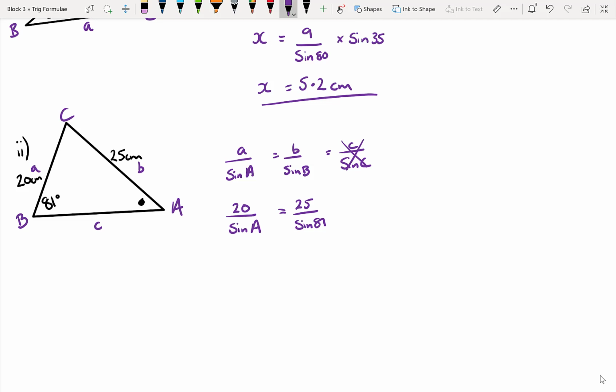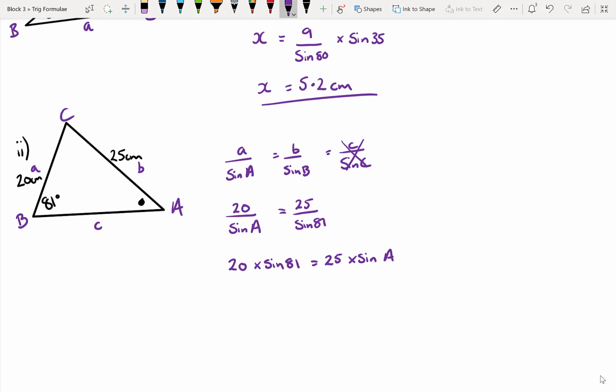On this side I am dividing by the sine of A, so when it moves across to the other side it multiplies, and similarly on the right hand side I'm dividing by the sine of 81, so if I move it over to the left it's going to multiply. And so what we're saying is that that is the same as 20 multiplied by the sine of 81 equal to 25 times the sine of A.